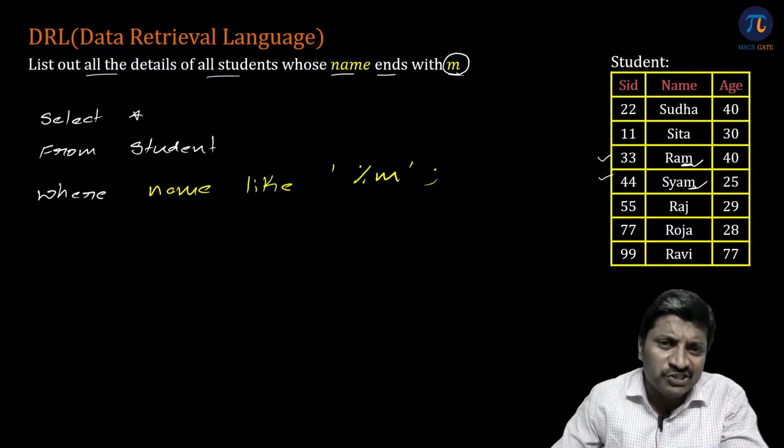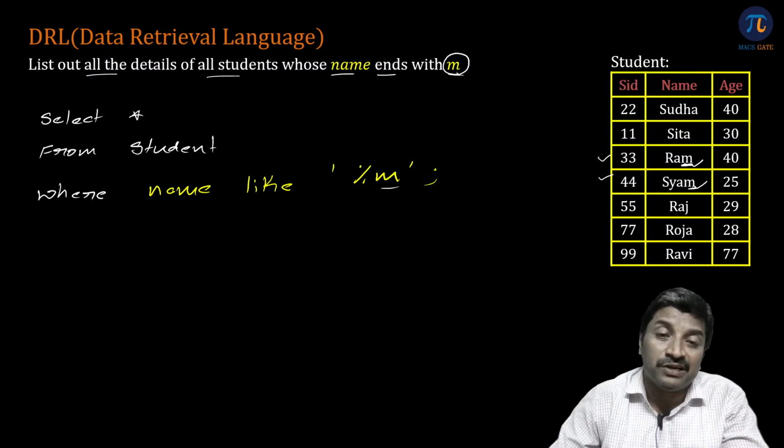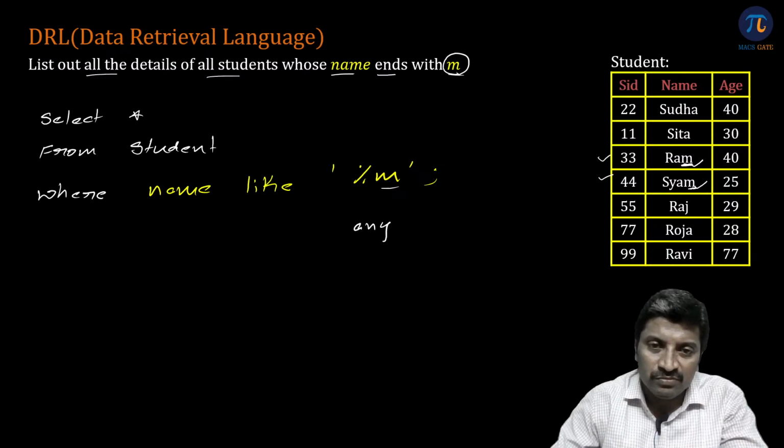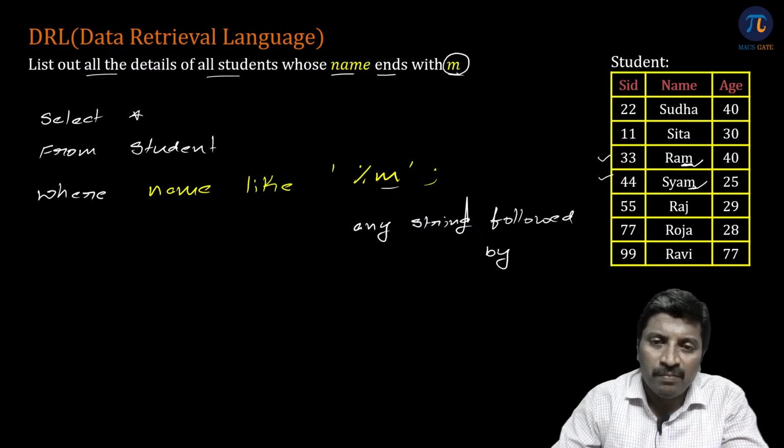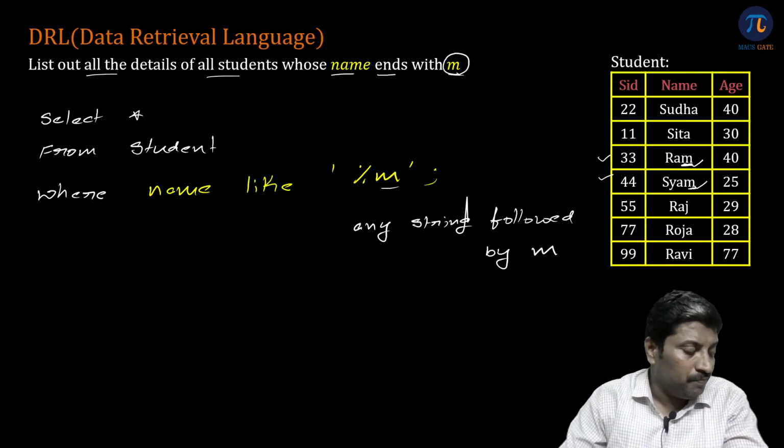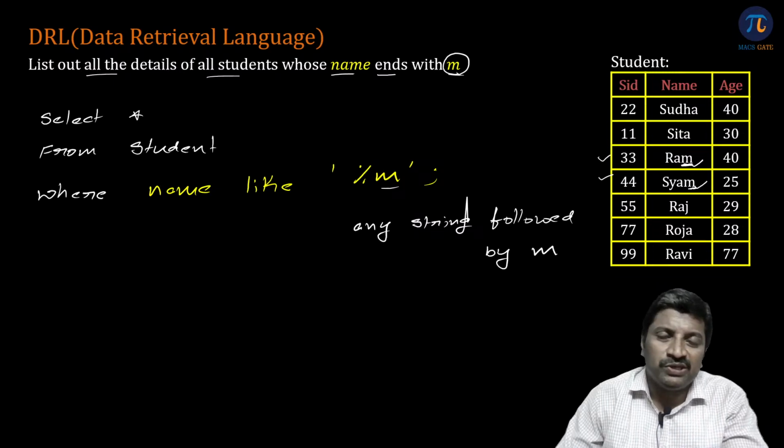So it can be any string, but the last character is M. Any string followed by M. Hope you understood it.